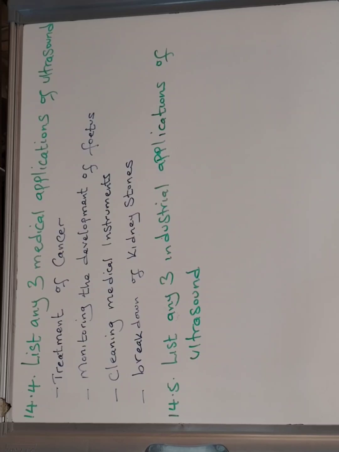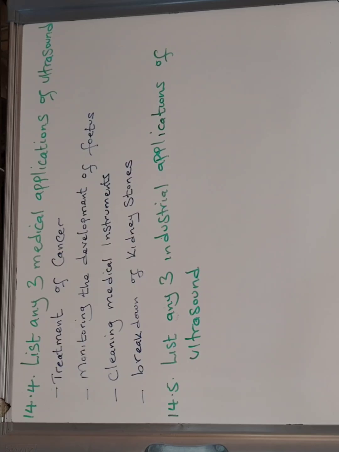Then comes the next question. It says, list any 3 industrial applications of ultrasound. What are they? We saw sonar, sound navigation and ranging. Ultrasound can be used to determine the length or width of a material. It can be used to visualize welded joints to detect defects.